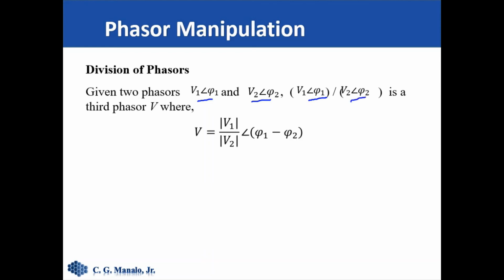Well, we will get a phasor with a magnitude that is equal to the magnitude of V1 divided by the magnitude of V2, and the angle there would be the angle of V1, which is the angle in the numerator, minus the angle of the phasor in the denominator.